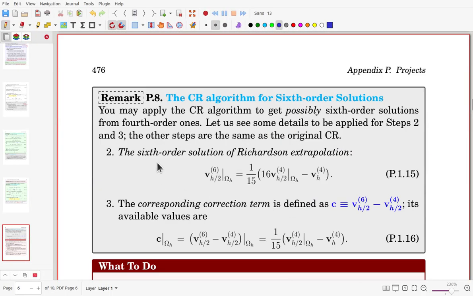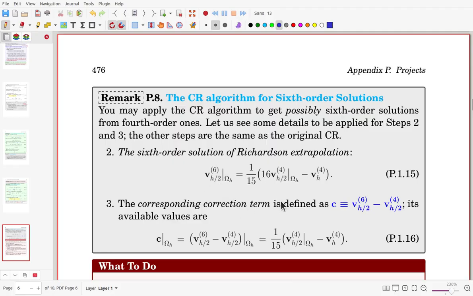For step 2, the sixth order solution of the Richardson extrapolation can be obtained with this formula: 16 times the fourth order solution on the finer mesh, minus the fourth order solution on the coarse mesh, divided by 15. That must be sixth order.